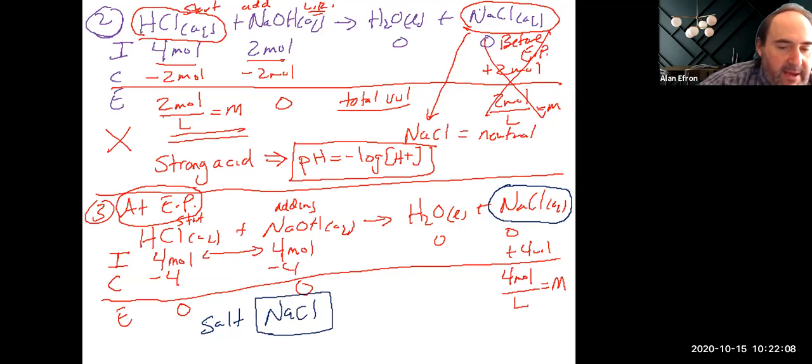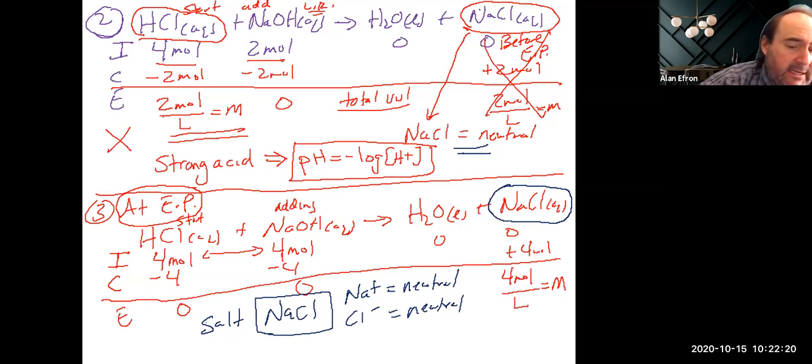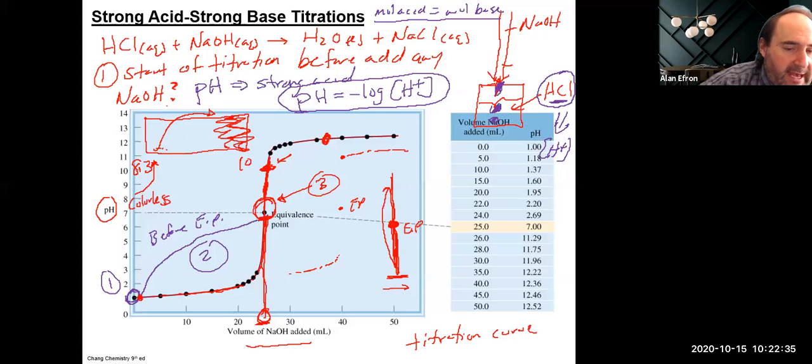And as we talked about up here, and as we talked about with salts, sodium is a neutral salt. Chloride is also neutral because it comes from a strong acid, which means when we reach the equivalence point in this type of titration, the pH should be 7. You actually don't really need to calculate it. The pH will always be 7 in a titration of a strong acid and a strong base, as we could see right about there, pH is 7 at the equivalence point.